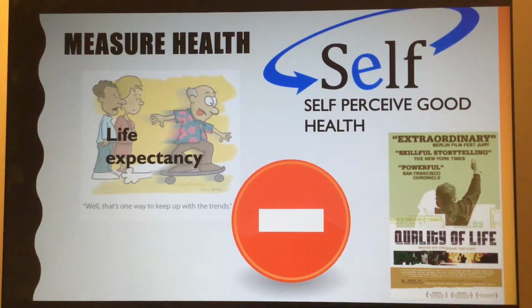How we measure health: we look into life expectancy and self-perceived good health. For self-perceived good health, we are gaining the perceptions from individuals about their own health and how they rate their own health, whether it's 100% in good condition or only 20% or 30%. It depends on individuals' perceptions of their own health.